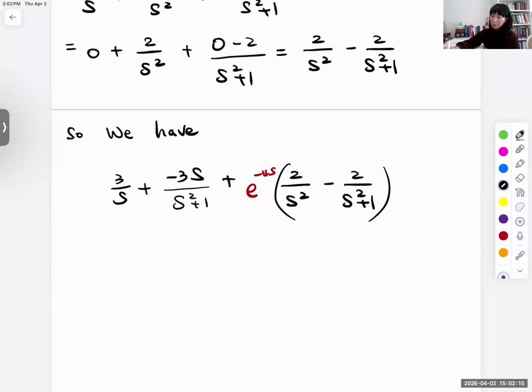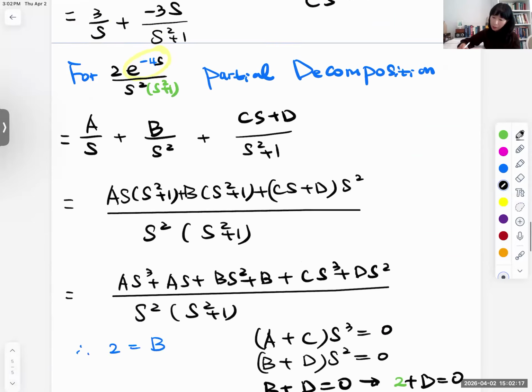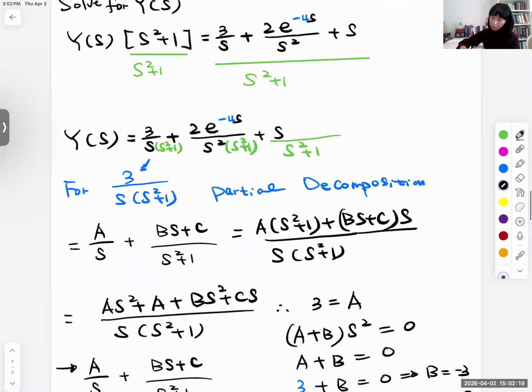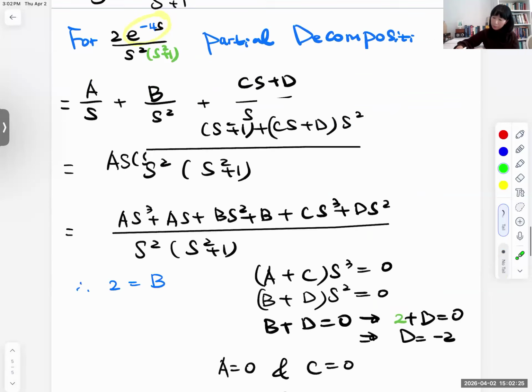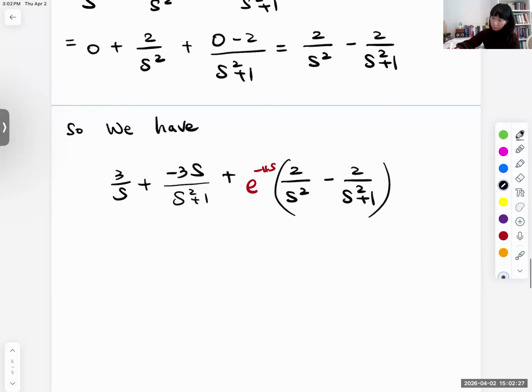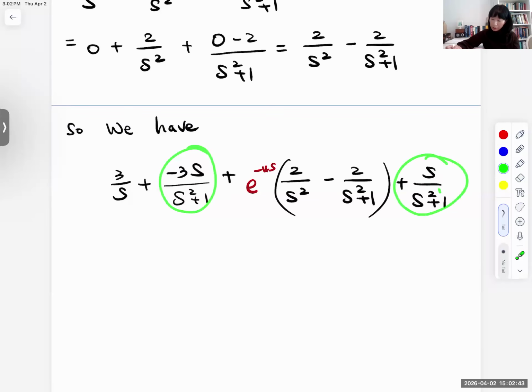Okay, third term, we have s over s squared plus 1, right? Plus s over s squared plus 1. Now look, we can combine, right?